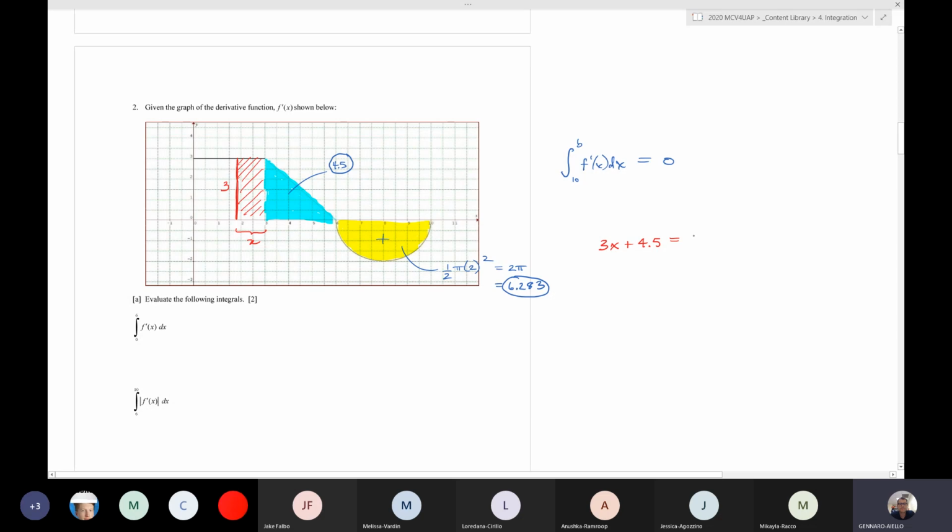That has to equal 2 pi. Do you follow that? The area of that red rectangle plus the blue triangle has to equal the area of that half circle. That's the only way our integral will be 0. So that'll allow you to find out what x is.